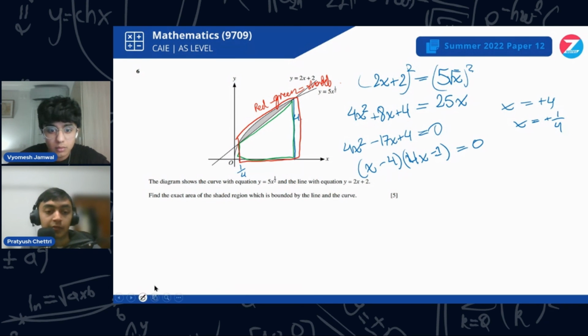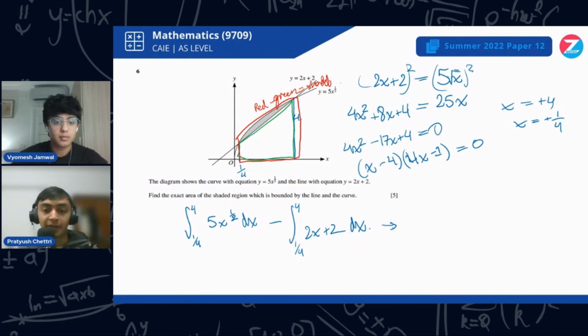So let's do that real quick. Area under red is from 1 by 4 to 4, and the red curve is 5 times square root of x, minus the integral from 1 by 4 to 4 of 2x plus 2 dx.